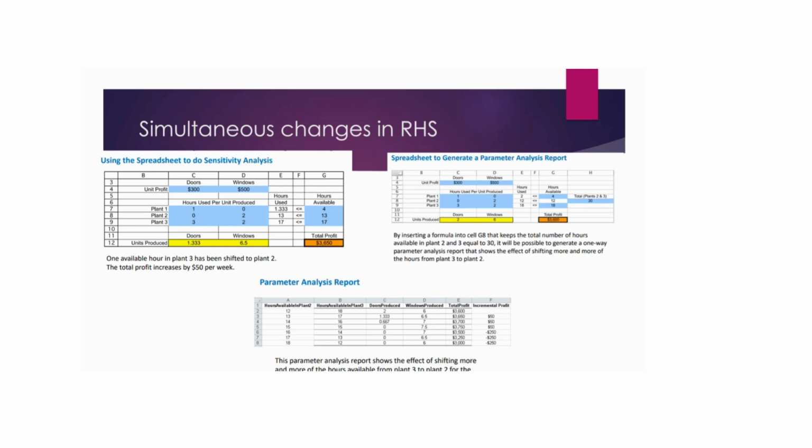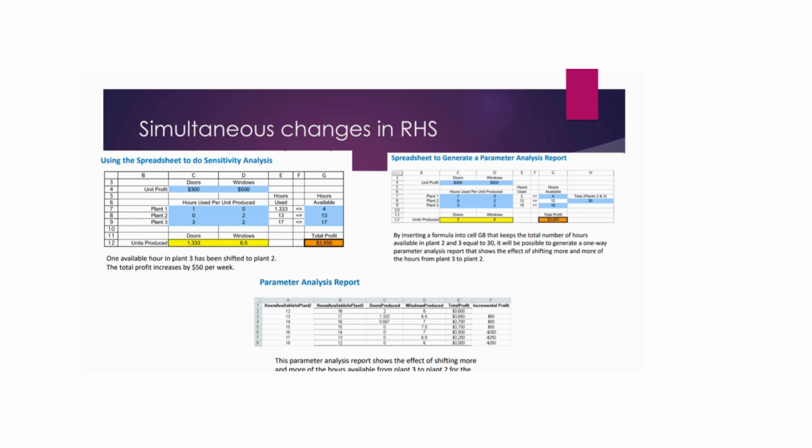It fixes the total hours to 30 hours, which constrains the hours shifted from plant 2 to plant 3 to maintain the sum at 30 hours.